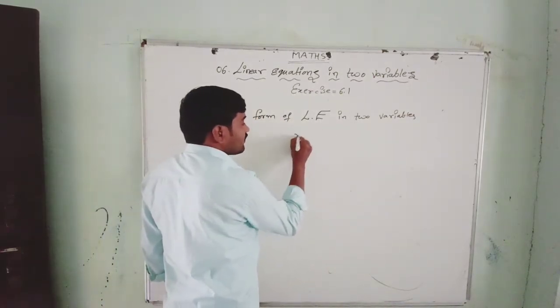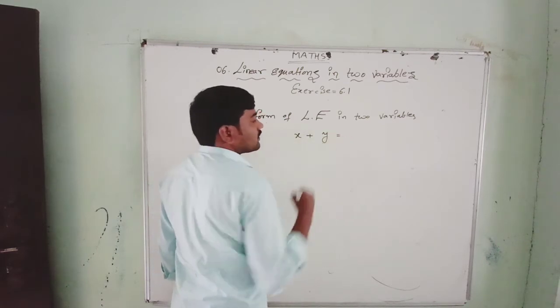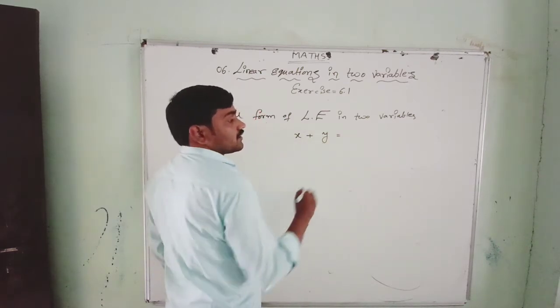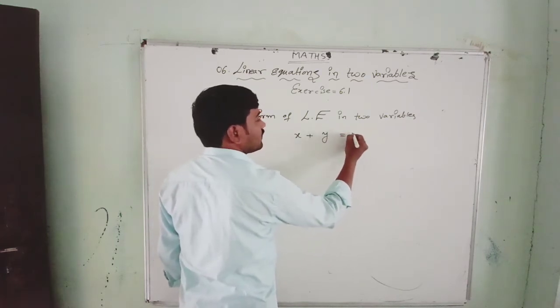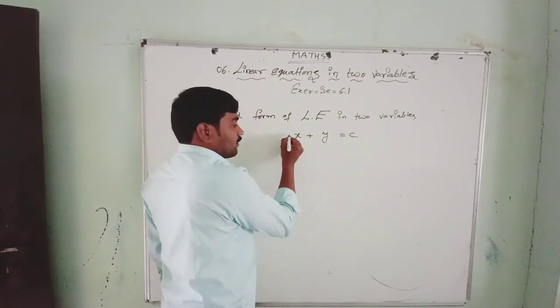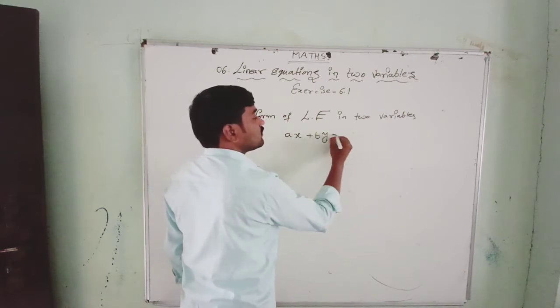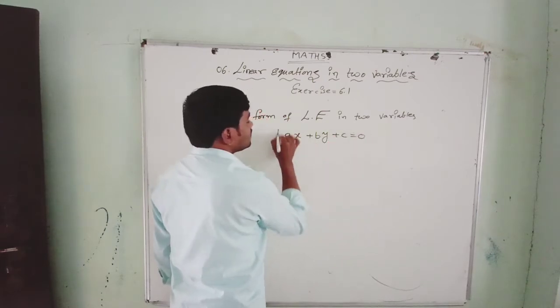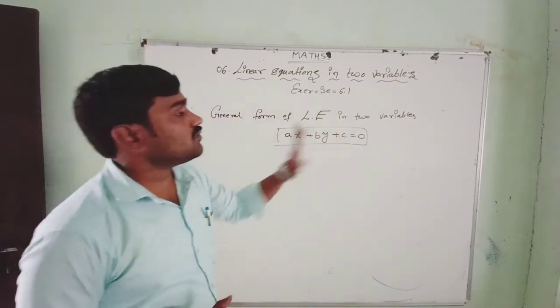Here we will write x plus y equal to something, say c. Normally the general form is ax plus by plus c equal to 0. This is the general form: ax plus by plus c equal to 0.